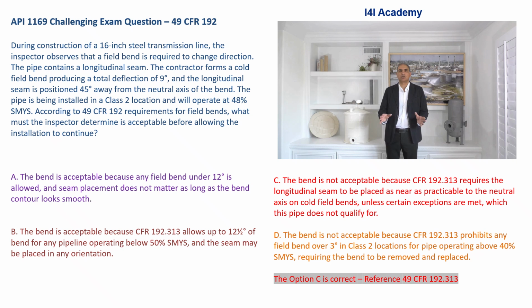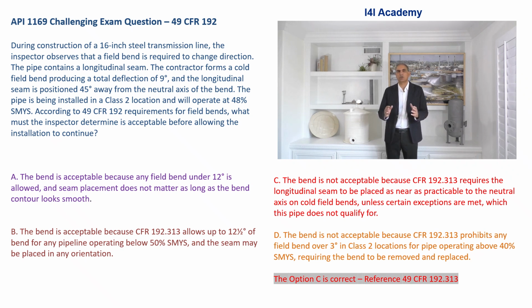Instead, the regulation focuses on the method of bending, the smoothness of the bend, and most importantly, the required seam alignment near the neutral axis, unless one of the allowable exceptions applies. This pipe does not meet those exceptions, and seam orientation is still mandatory. For that reason, the logic in option B does not align with the actual regulatory language.